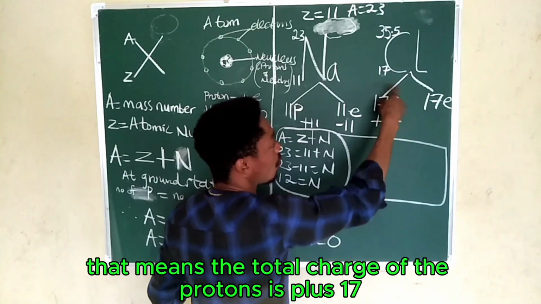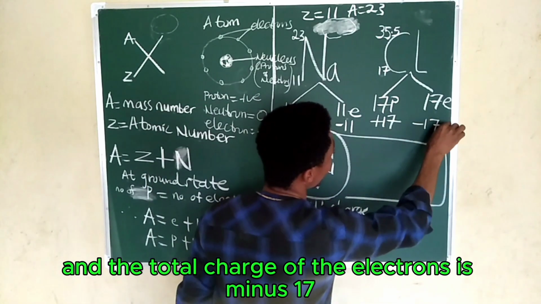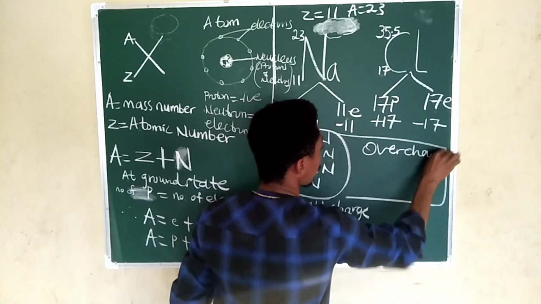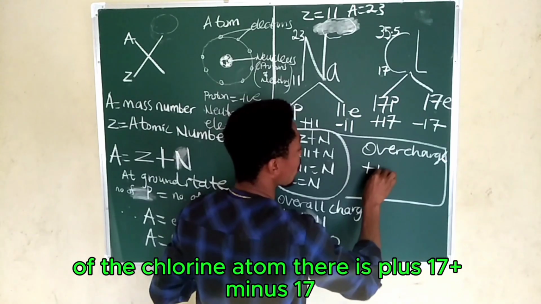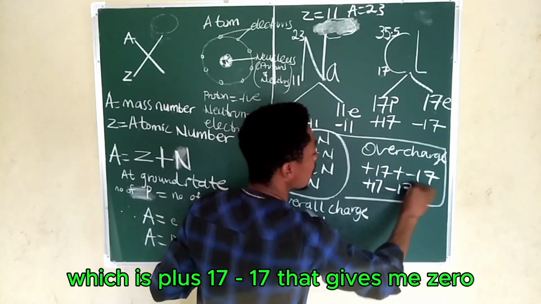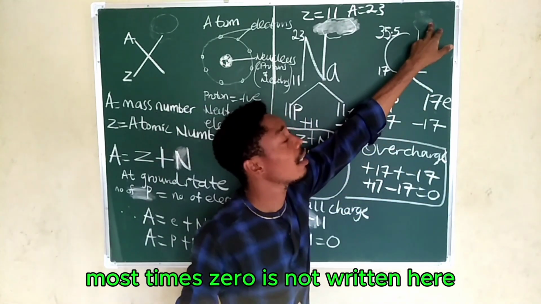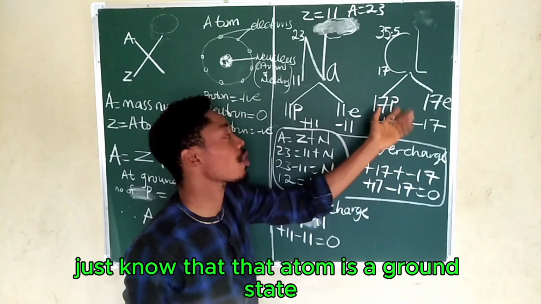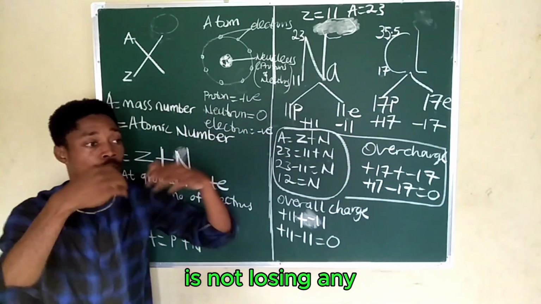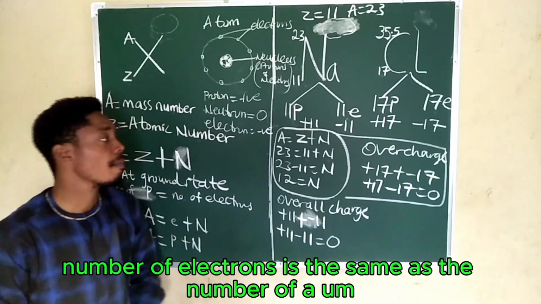That means the total charge of the protons is plus 17 and the total charge of the electrons is minus 17. Overall charge of the chlorine atom is plus 17 plus minus 17, which is plus 17 minus 17. That gives me 0. Most times 0 is not written here. When 0 is not written there, just know that that atom is at ground state. It's not losing any electron, not gaining an electron. The number of electrons is the same as the number of protons.